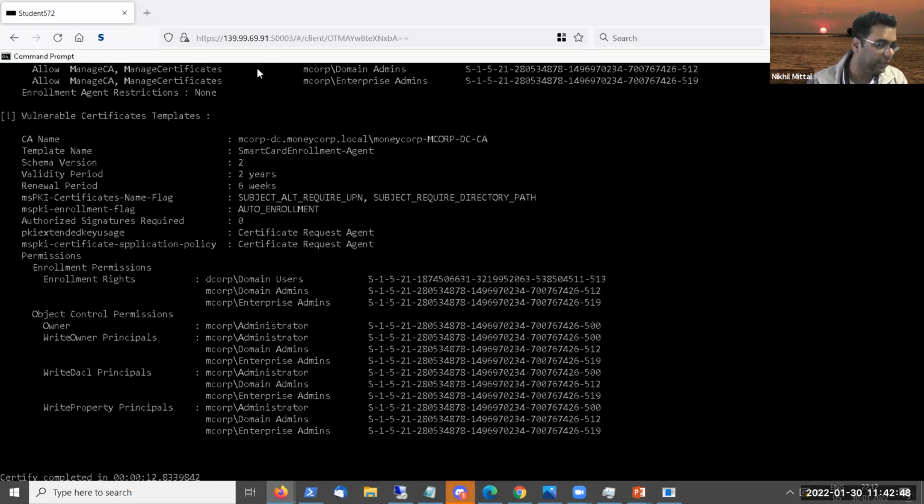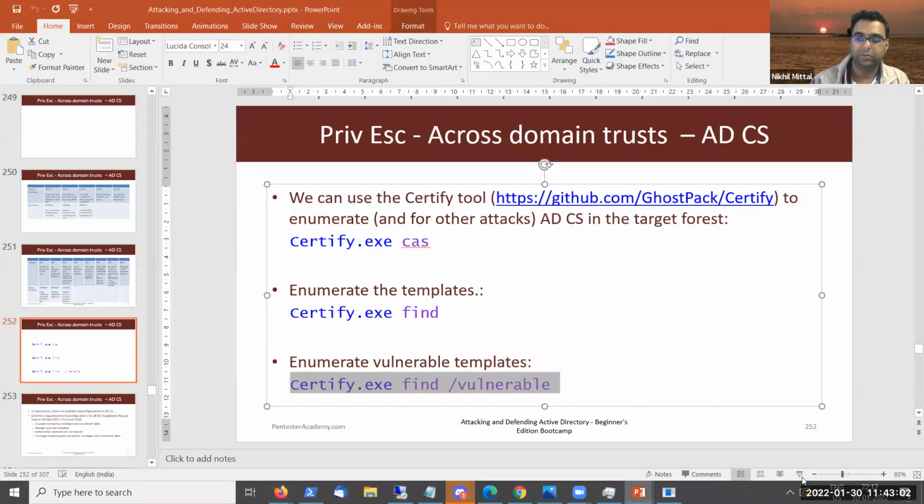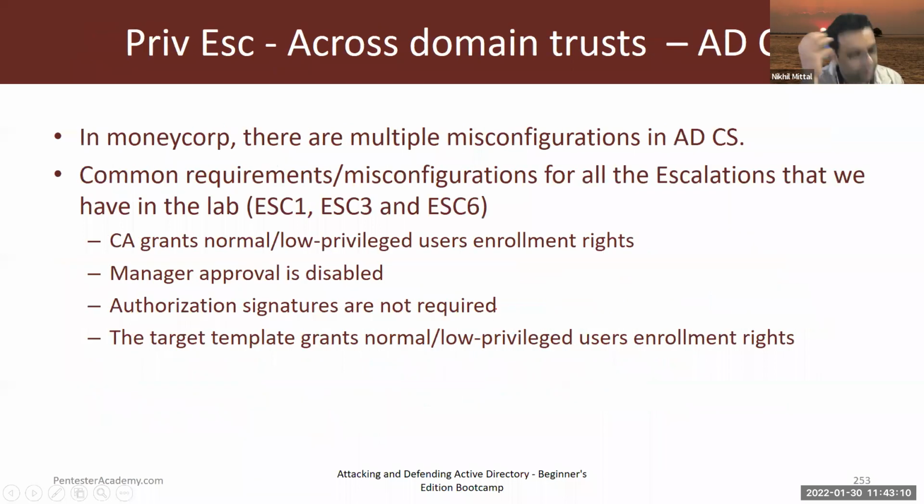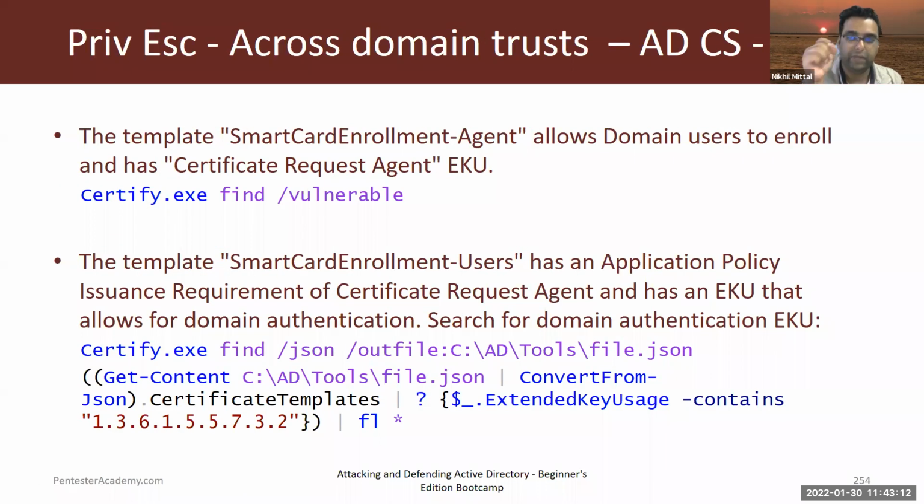Whenever you are looking at templates, always check for enrollment rights. Once again, what shows up in /vulnerable is where the domain users have enrollment rights. You may always like to check the other ones as well.